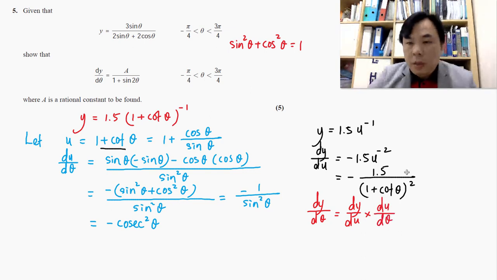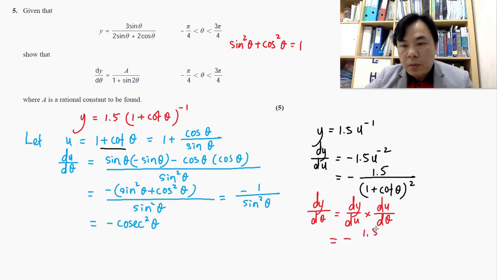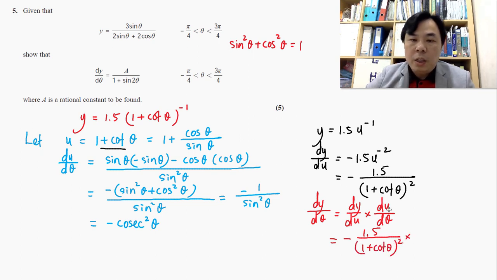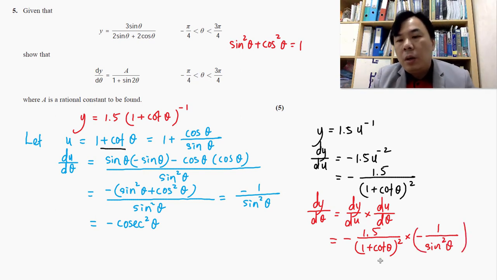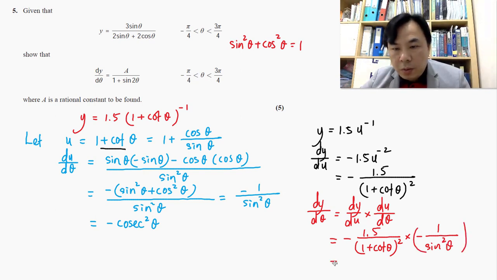Okay, dy du is this. Du d theta is given as such, this one or this one here. Therefore, we have negative 1.5 times du d theta. Du d theta is this. Up to you. Maybe I prefer to write down this one. And then we are almost done. From here, I'll try to polish it a bit.